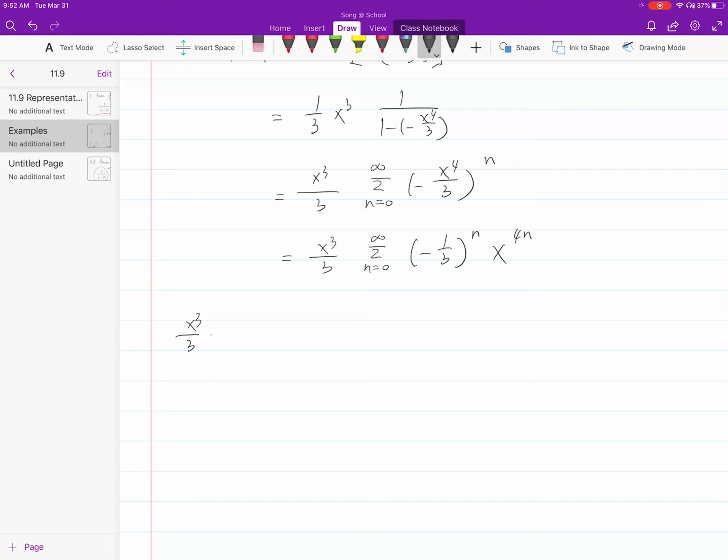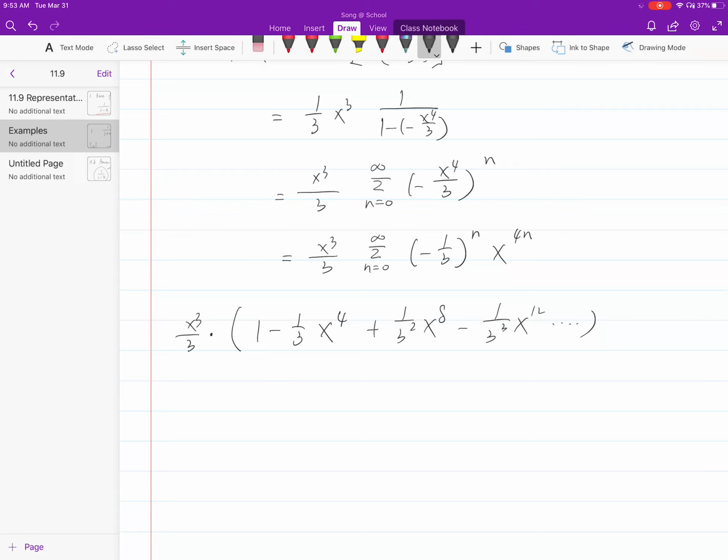It equals this one times this, where if you plug in 0, it's 1. Okay, actually, if you plug in 1, it's x to the 4. If you plug in 2, it's going to be plus, minus.